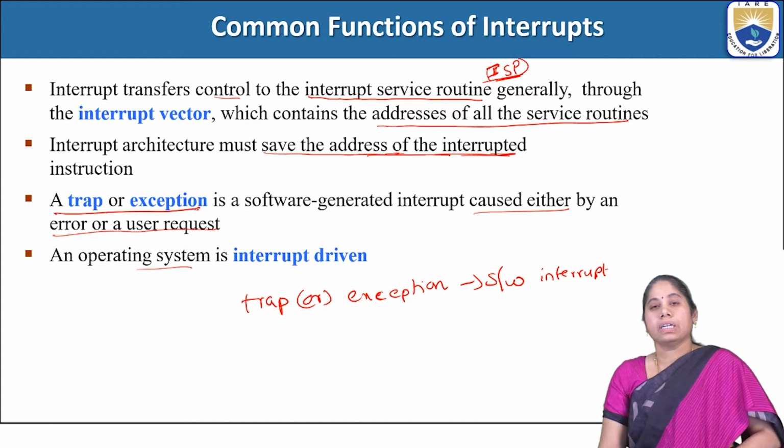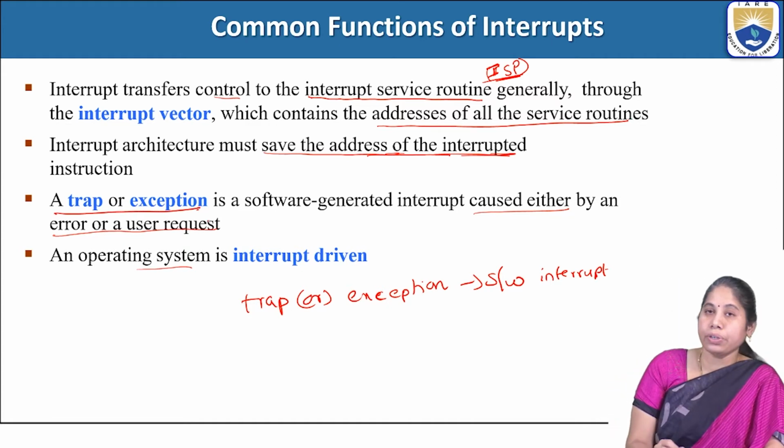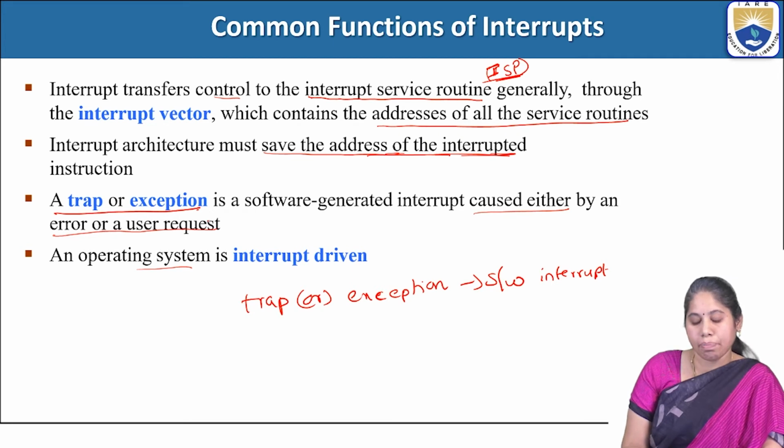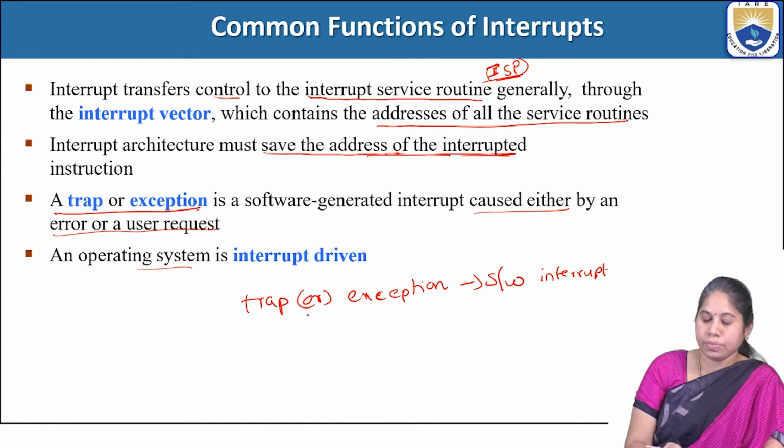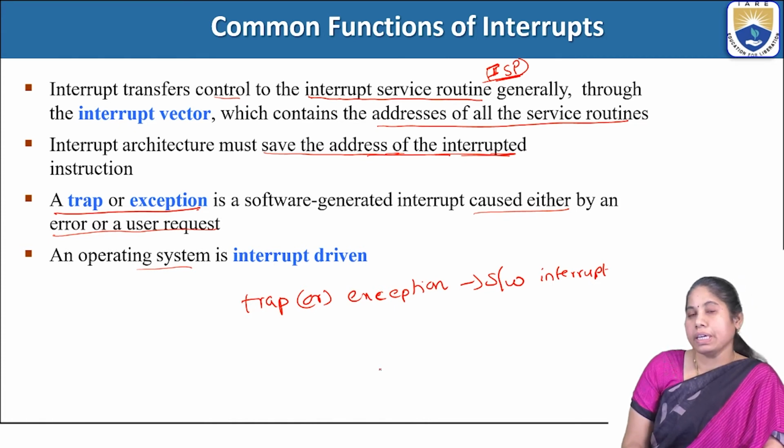This is a very important point. You may get it sometimes in your GATE competitive examinations: which is a software generated interrupt caused by the user? Then you have to select trap or exception.